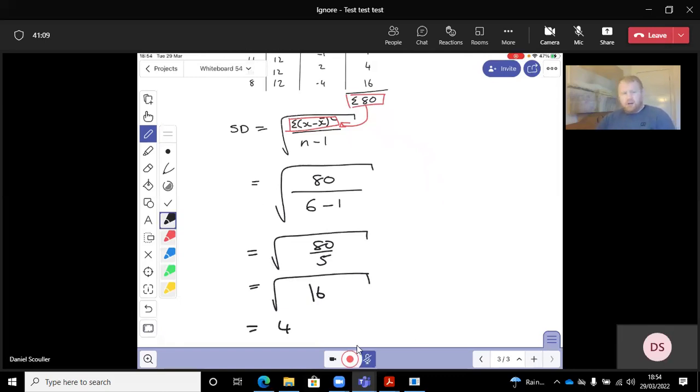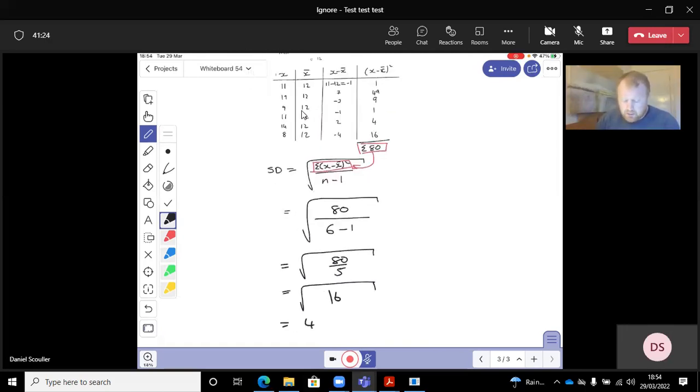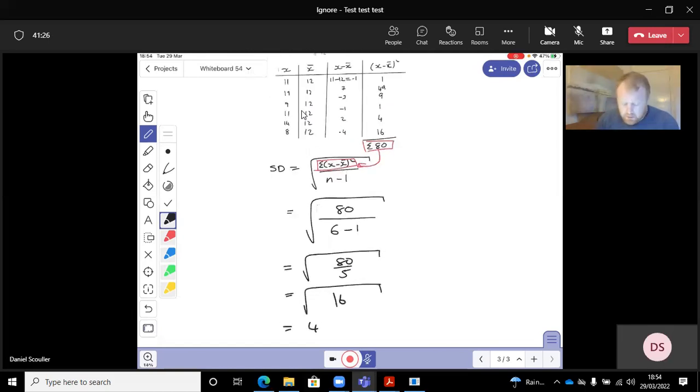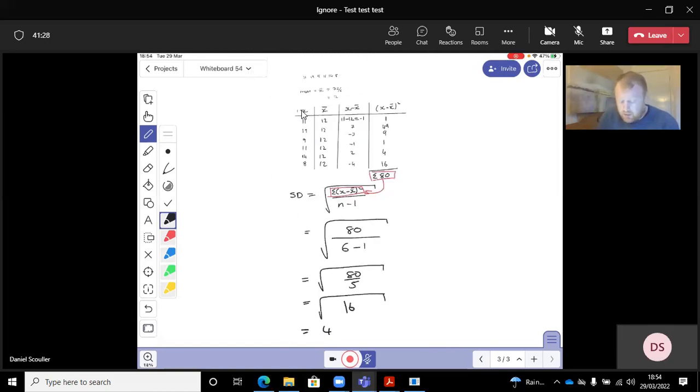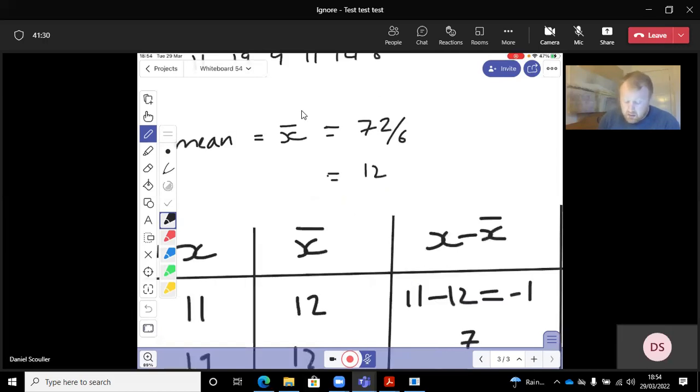Okay, bizarrely, the next part of this question, part B, people seem to answer okay, even though the actual standard deviation process was a bit all over the place. Most people seem to get the mean.